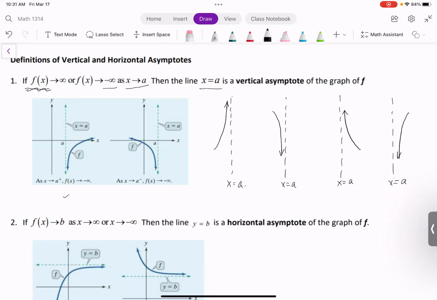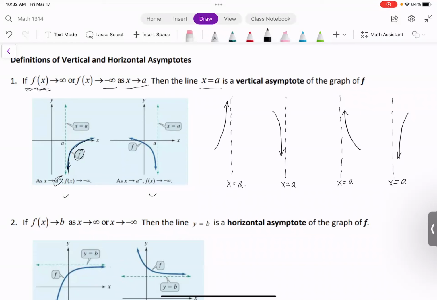So look at these two examples on the graph. X equals a is the vertical line, and the function f is getting closer to it, and the y value approaches negative infinity, x approaches a, but why do we have a plus? Because plus means approaching from the right side of a.